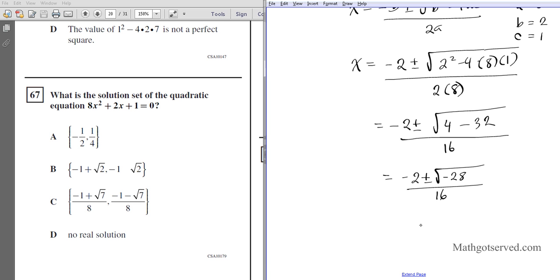We have a situation here. If you notice, there is a negative under the square root. So what does that mean? If you have a negative under the square root, you're going to have an imaginary solution, which is not real. Because you have a negative radicand, we have no real solution to this problem. So our answer is option letter D.